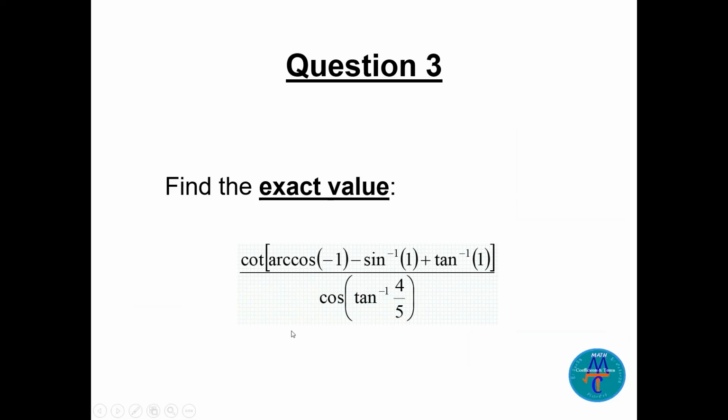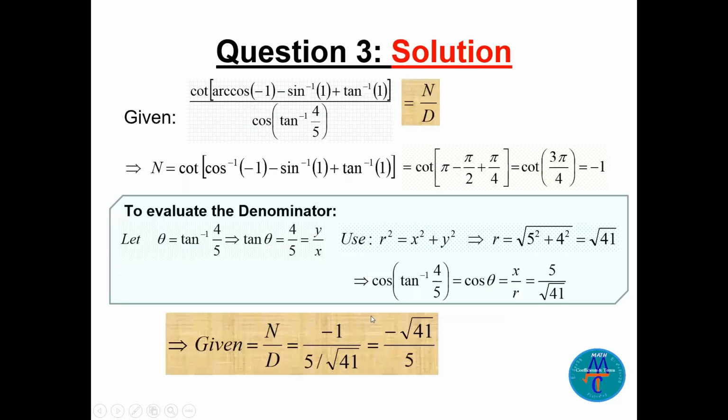Question number 3 is an easy question. Find the exact value of cotan of all this inside, big bracket, divided by cosine of tan inverse of 4 over 5. So we can do each one separately. Let's call this n over d, the numerator and the denominator. So n will be cotan of all this. Let's go inside: cosine inverse of minus 1.